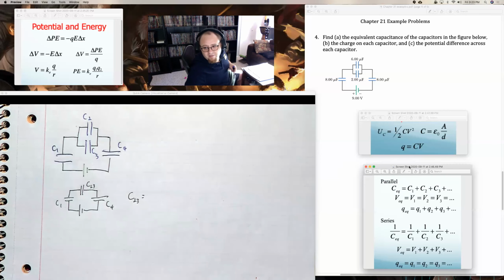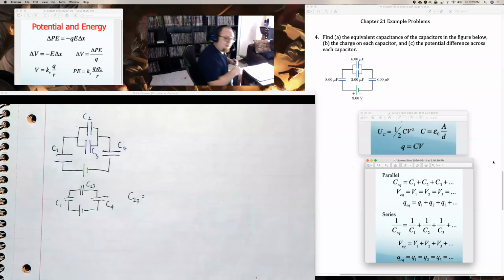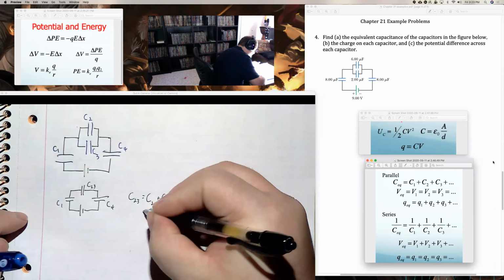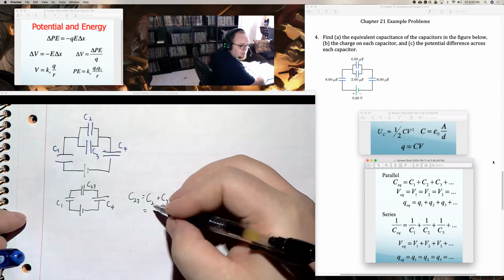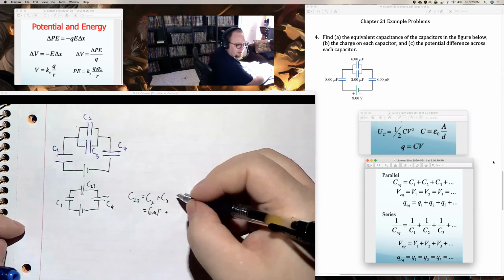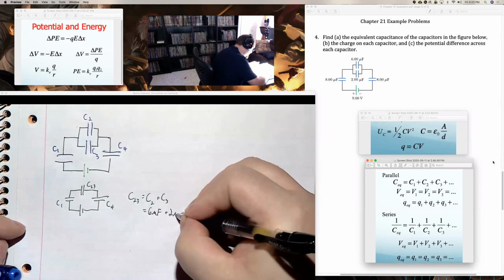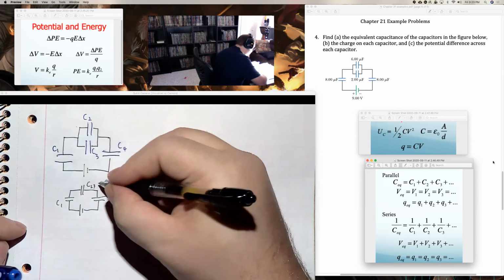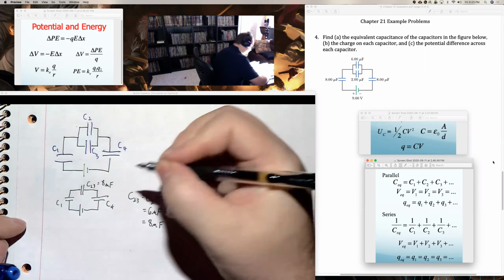And as I have over here, in parallel, they just add up. So this is going to be the same as C2 plus C3, or 6 microfarads and 2 microfarads, which is 8 microfarads. So C23 is 8 microfarads.